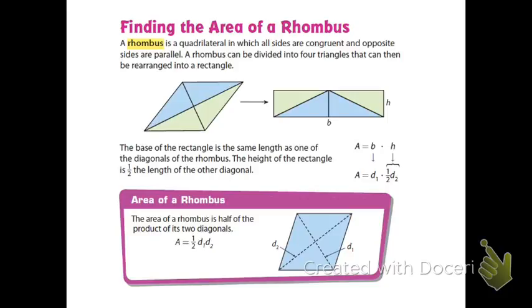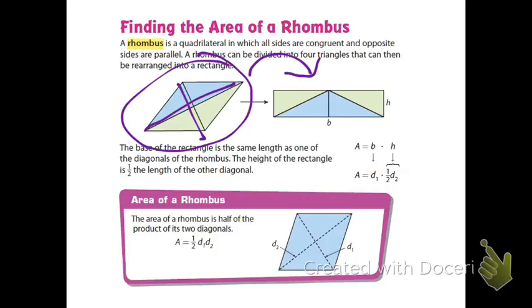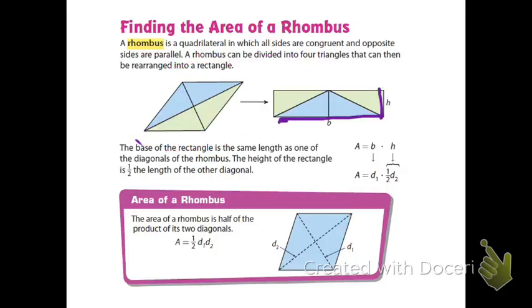So if we took this rhombus here and cut it up along the diagonals, we could reassemble it into a rectangle here. And once again, we have our base and we have our height. We know how to find the area of a rectangle. It's very easy. Now the base here, you'll notice you have this blue triangle here that's in the middle. Well, it's the same as this blue triangle.